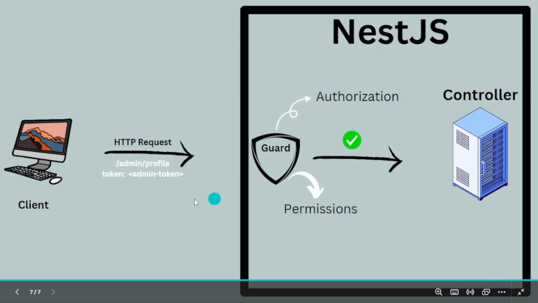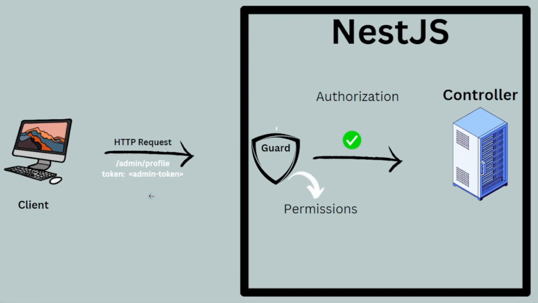But similarly, if you go to the same admin profile link with the admin token, then the guard will allow you to do that. This is one of the simplest examples of how guards work. You can make it as complex as you want, for example, checking the token from the database or performing all sorts of operations to verify if a certain request needs to be provided access to a certain route handler or not. So it can be as simple as this, or as complex as you want it to be.